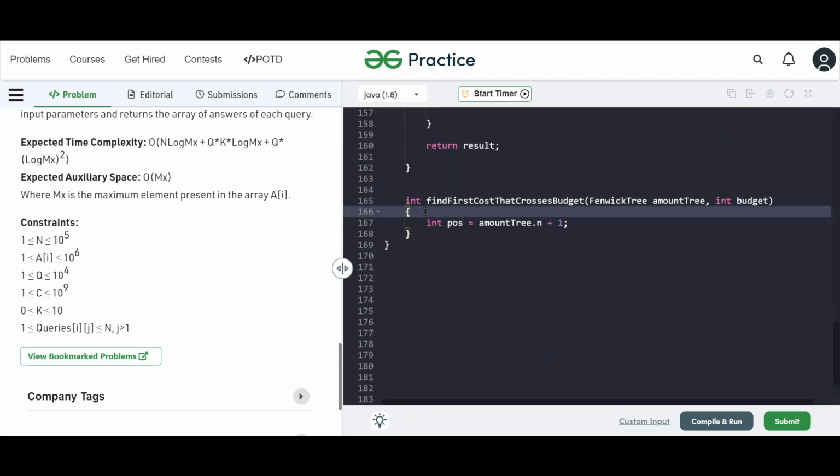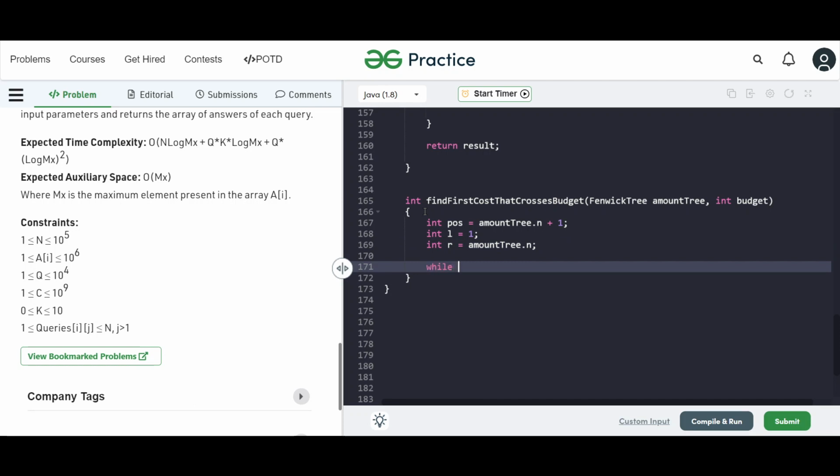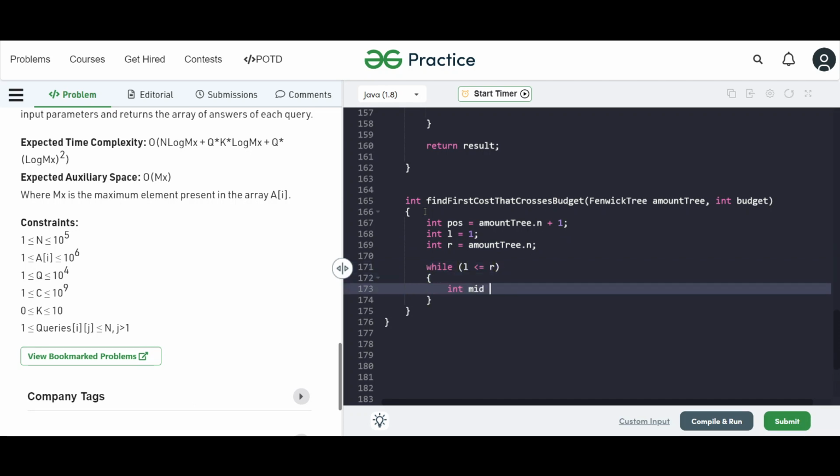So this is good. Now let's just do binary search, right? So what is L? Well, L equals to minimum cost, which is 1, R equals to the maximum cost, which is amount tree dot n. Now we just do while L is less than or equal to R. Let's find the mid.